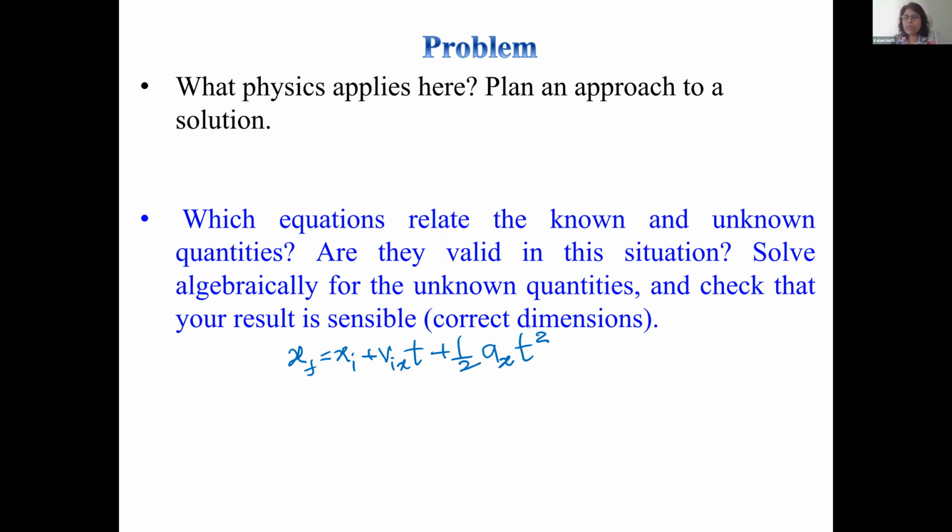You see that it is a quadratic equation. If the initial velocity is not 0, this equation may not be a good way to solve the problem, because then you have to use the quadratic formula. It will take a lot of time to solve it. Then you go back to the other equations and check whether there is an easier way to do it. Okay, so that's the important thing.